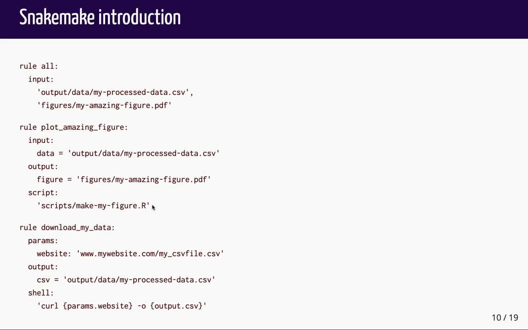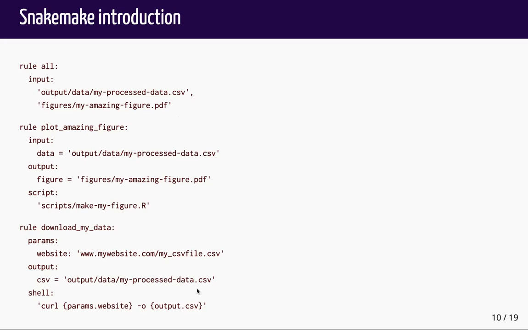And so if I were to just have these two rules on their own, Snakemake wouldn't really know what to do with it. The other thing that's required is a special rule called rule all. And so here I list all of the things that I want Snakemake to create. In this case, it is a process data CSV and a figure. And then Snakemake takes a look at this, and then it tries to find all of the rules that create this.